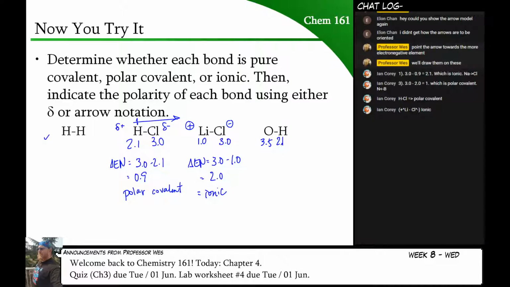There we go. 2.1. OH is polar covalent, so along this bond I would be like that, or delta plus and delta minus. There you go. And then HH over here, the difference is 0, so it's just pure covalent.